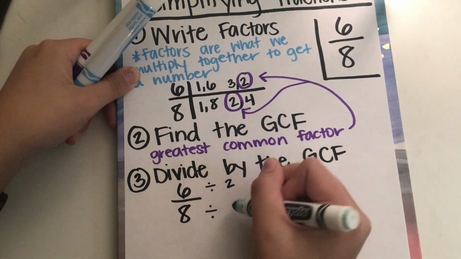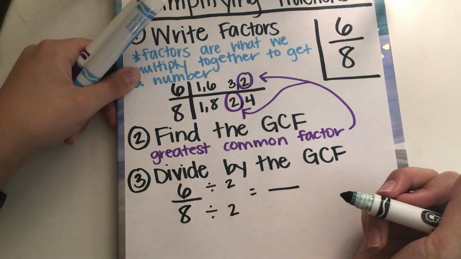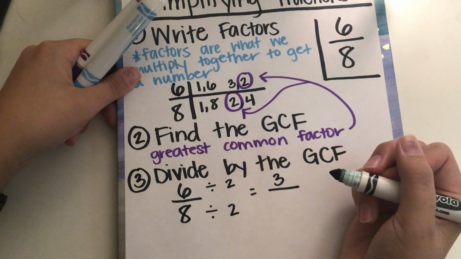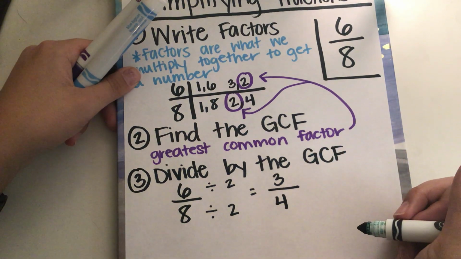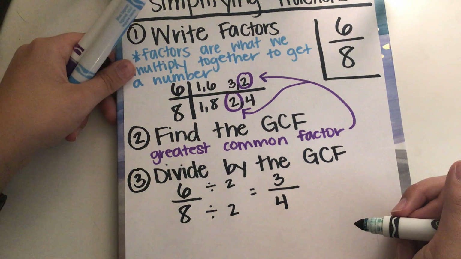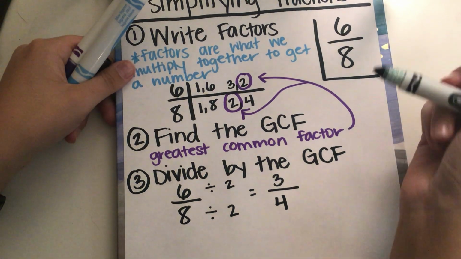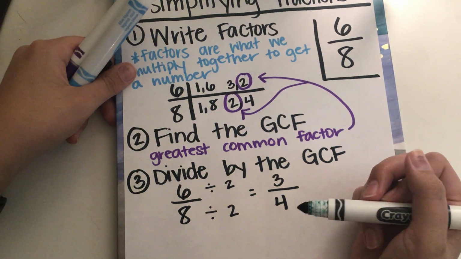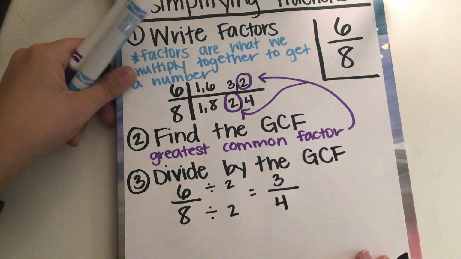By 2. 6 divided by 2 equals 3. And 8 divided by 2 equals 4. So the simplified fraction of 6/8 is 3/4. These are equivalent fractions, remember. This is just in a more simple form. That means that the numbers are smaller and easier for us to deal with.